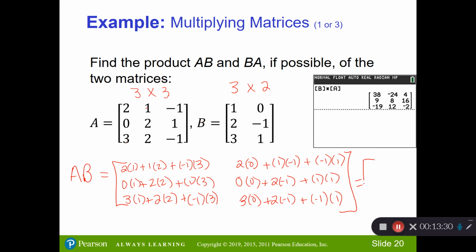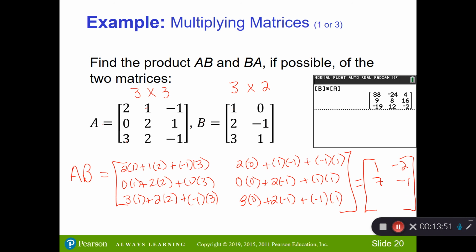Okay, so if we work this out, 2 plus 2 is 4, minus 3 is 1. 0 minus 1 minus 1 is negative 2. 0 plus 4 plus 3 is 7. 0 minus 2 plus 1 is negative 1.